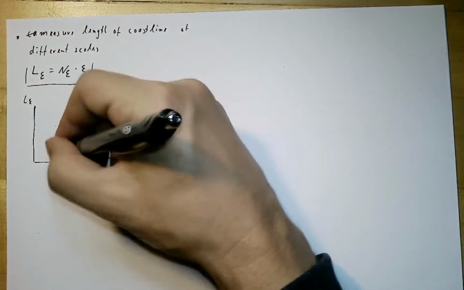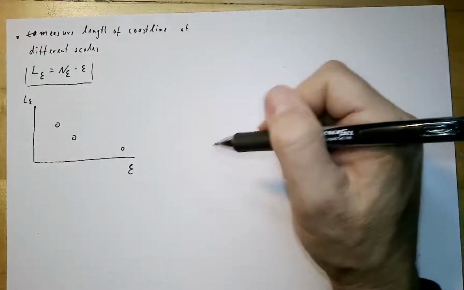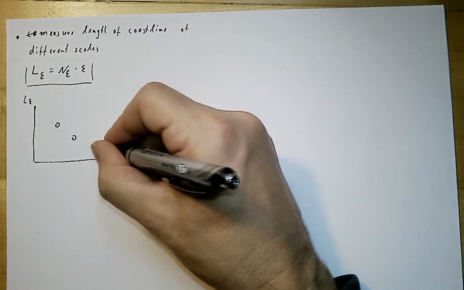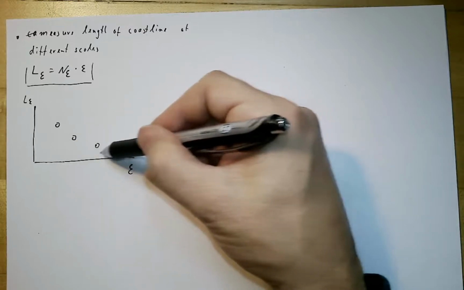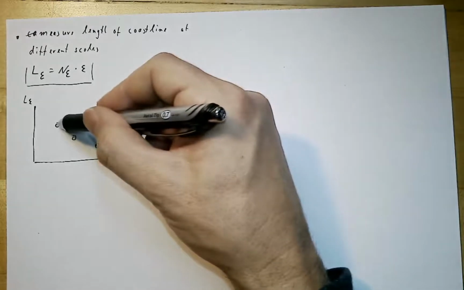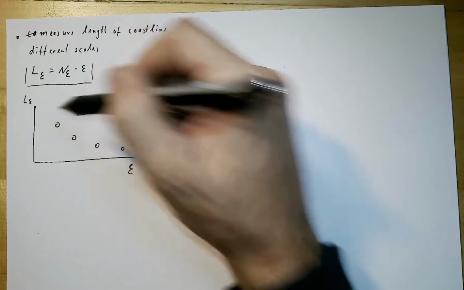Then we halved the scale again, and we had a larger length. So we can take something in between, and we get something like this. So the smaller the scale, the more resolution we obtain, and the larger our estimate or measurement of the coastline length is.